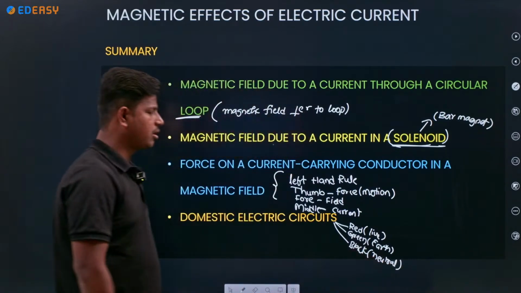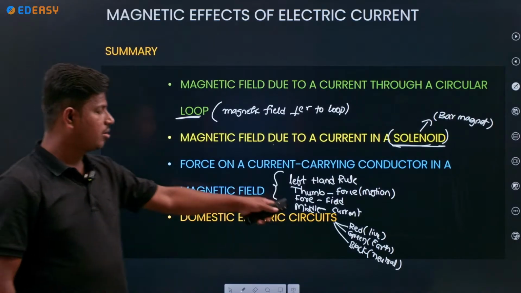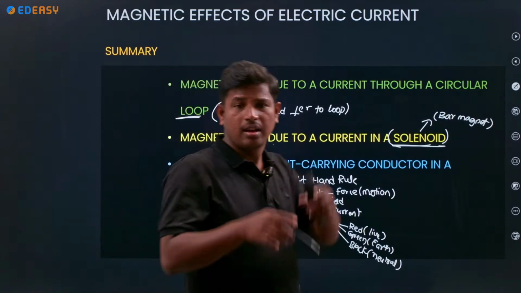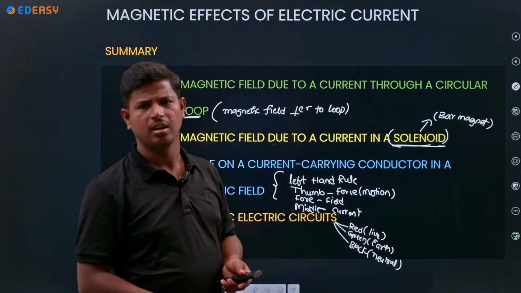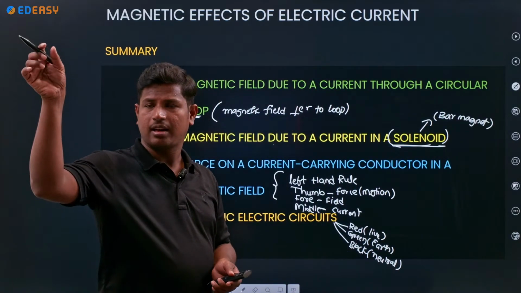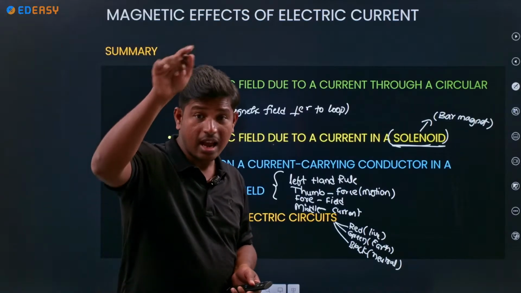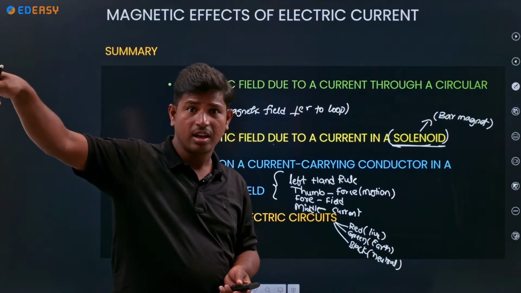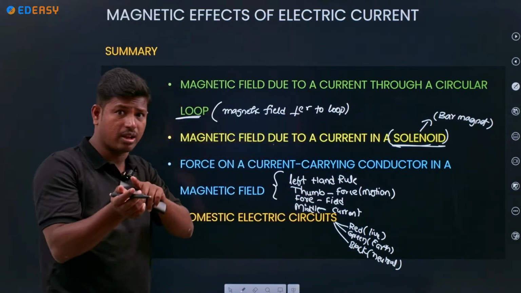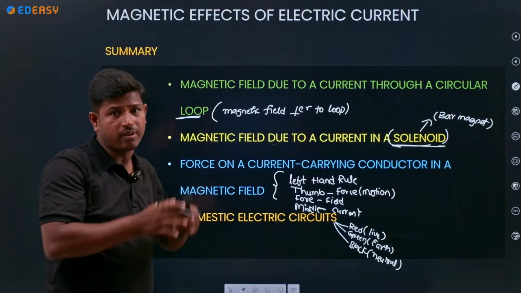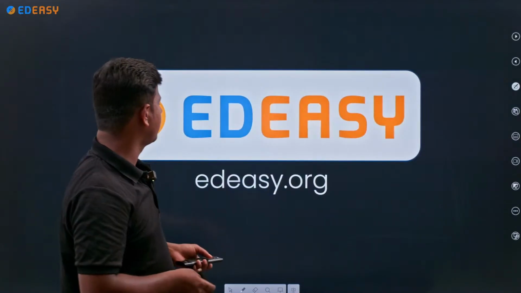Earth is for protection, and the black wire is neutral, which sends the current back to the pole. Electricity comes through the red wire and goes back through the neutral wire. Two wires, one coming and one going. In between these two, the earth wire is there for protection.